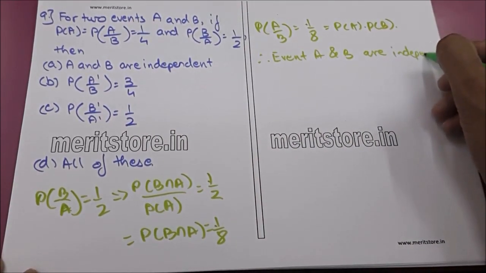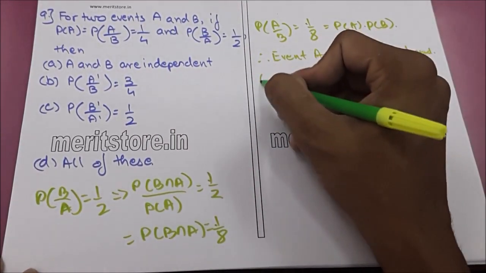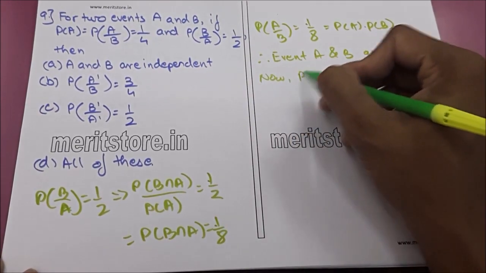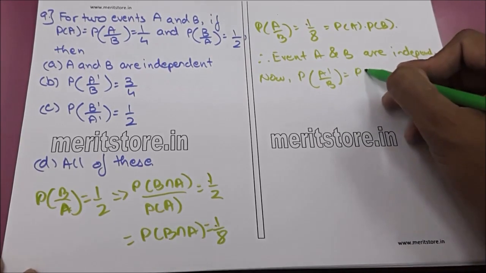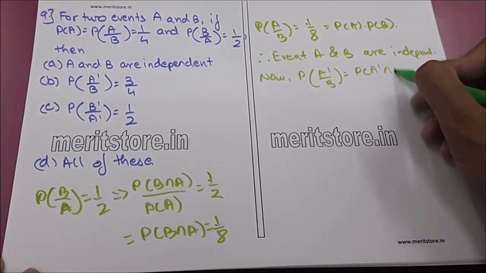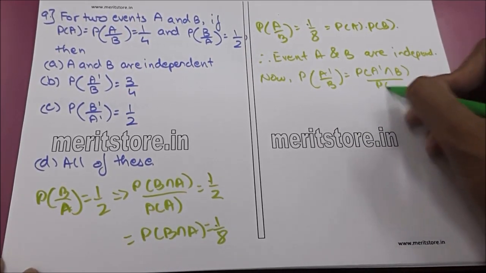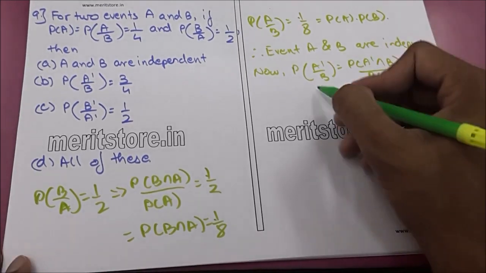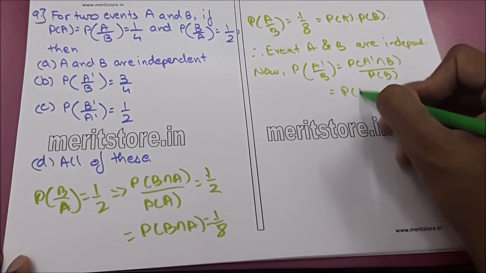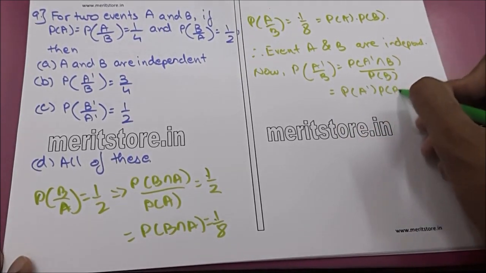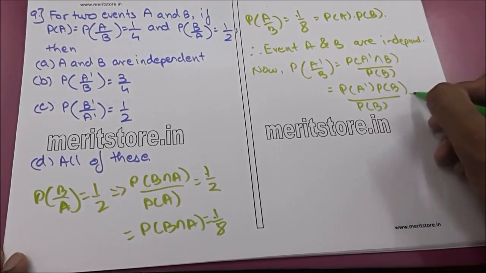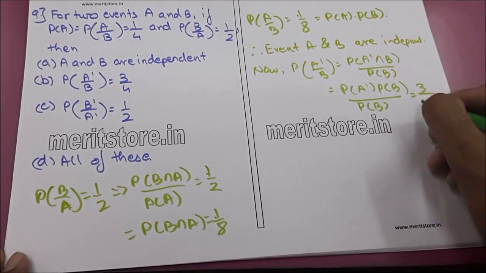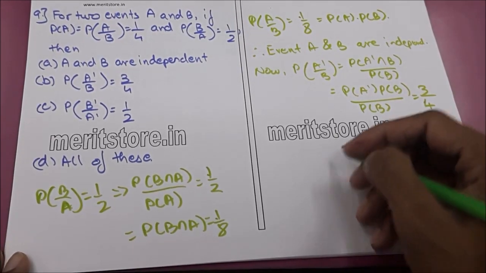We further solve it. Now P(A complement given B), which we can write as P(A complement intersection B) upon P(B), which is equal to P(A complement) P(B) upon P(B), which is equal to 3 by 4.